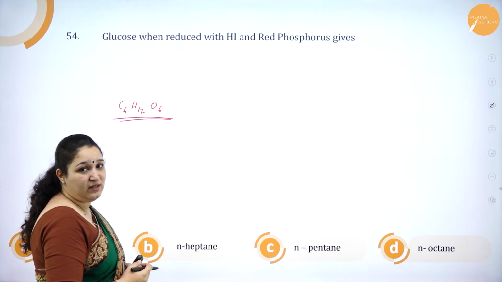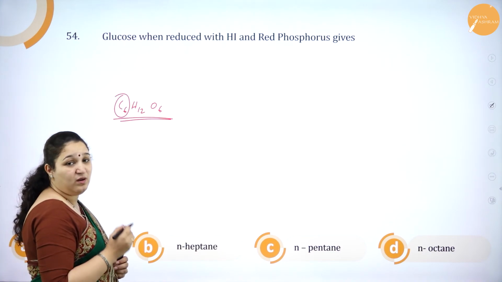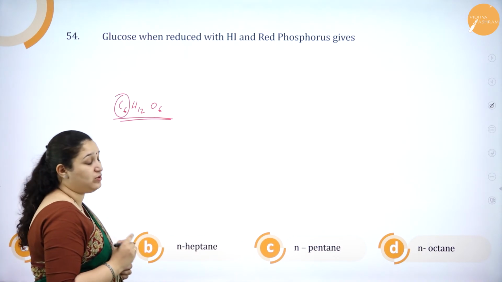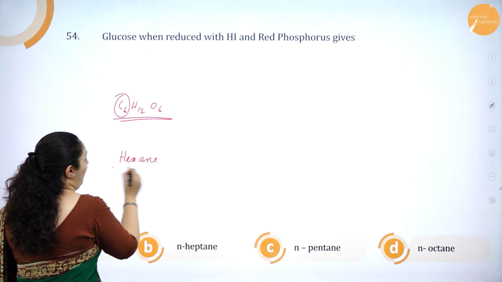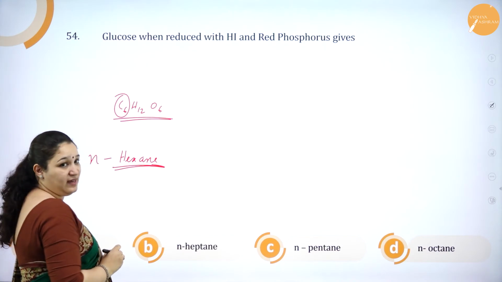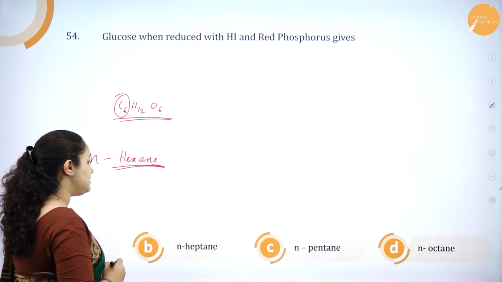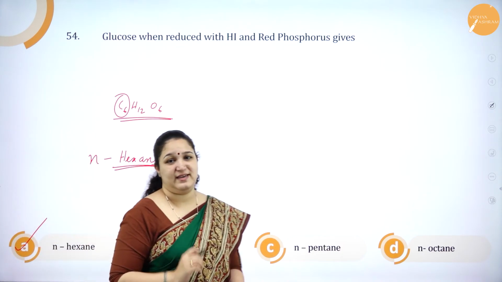But which alkane will it give? As it contains 6 carbon atoms, it should give hexane, and all the carbon atoms are in a single chain, so it gives N-hexane. So the answer is option A, that is N-hexane.